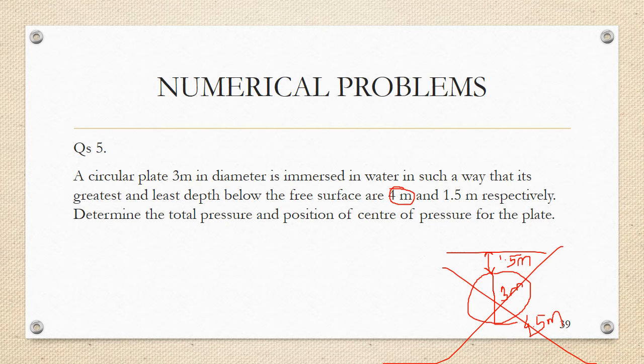That is, if this is the free surface, and this is the circle, and the diameter is 3 meter, and the least depth is said to be 1.5 meter, then if indeed it was vertically submerged, the greatest depth should have been 4.5 meter.